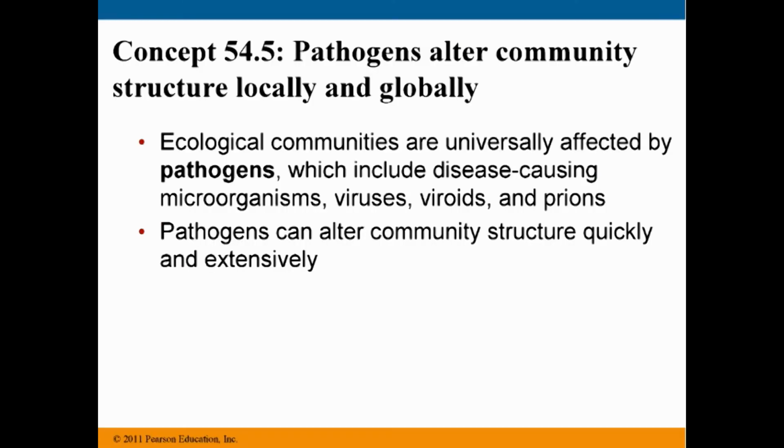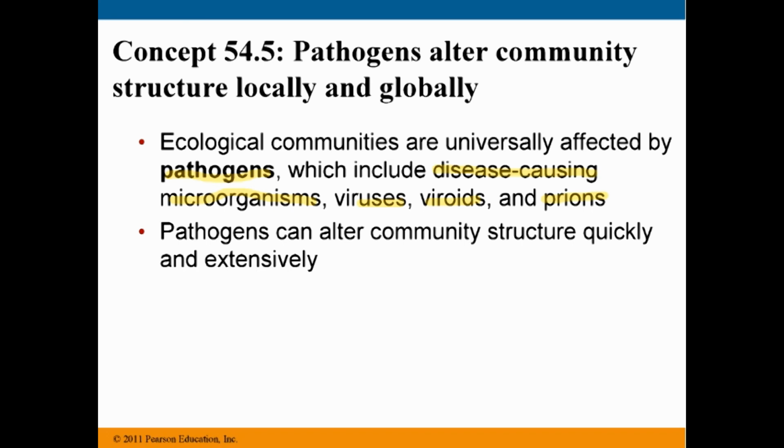Pathogens can also alter community structure both locally and globally. So ecological communities are going to be affected by these pathogens, which are defined as disease-causing microorganisms, viruses, viroids, and prions. You're going to learn about all of these in Bio 6, but the important thing here is disease-causing.